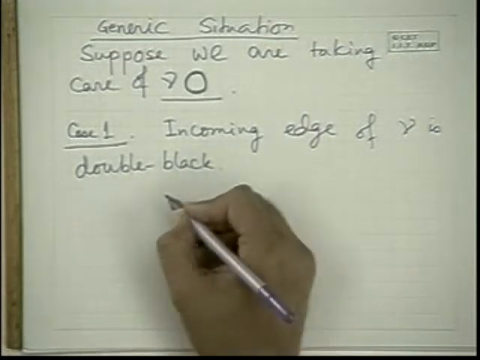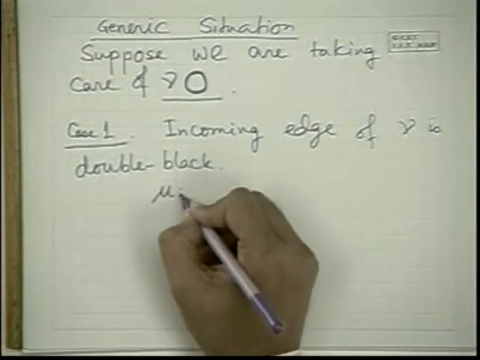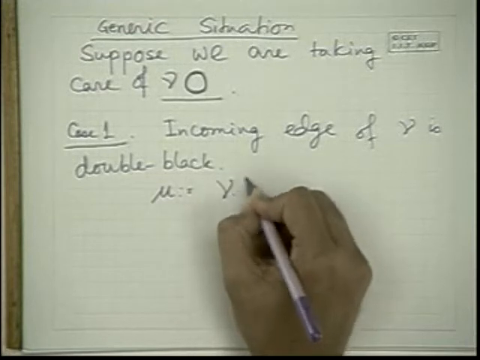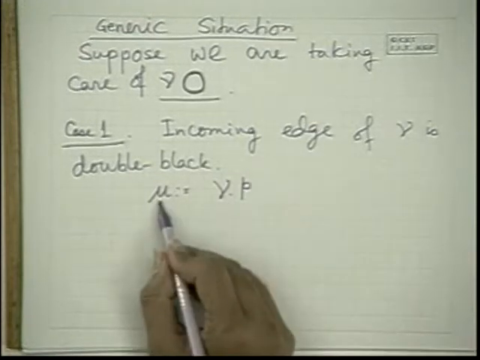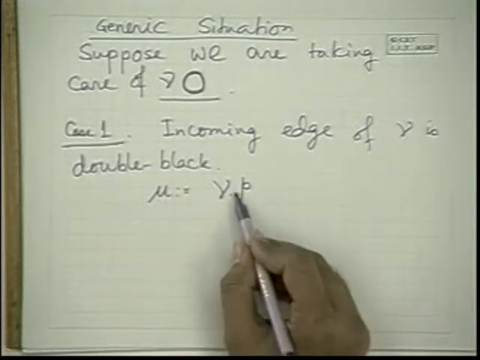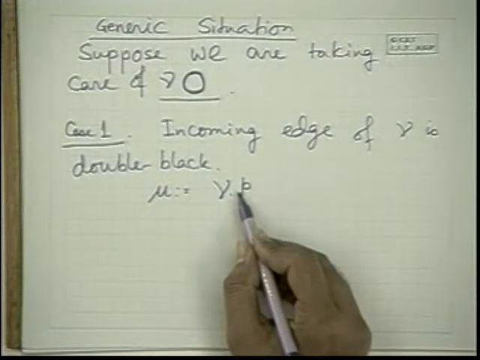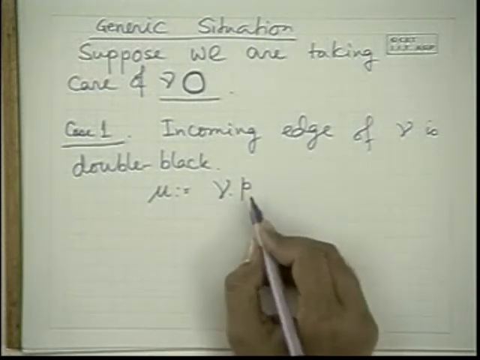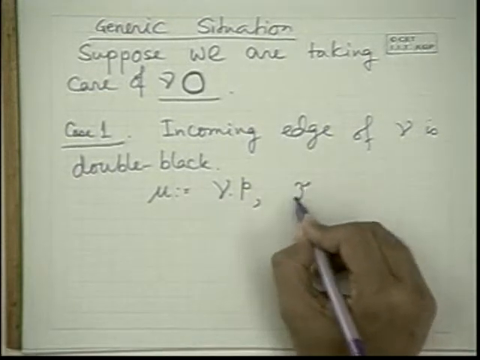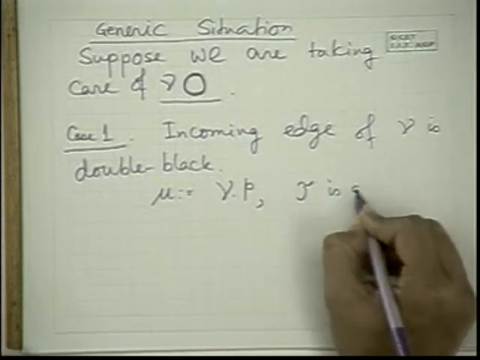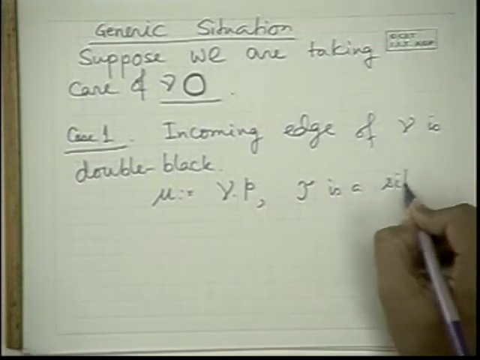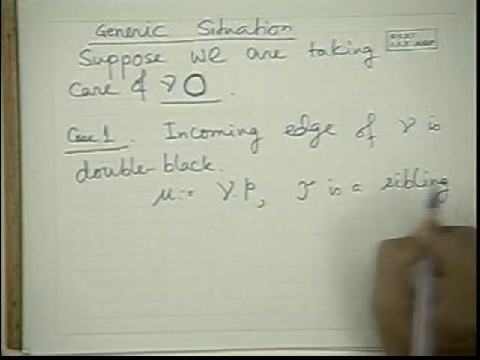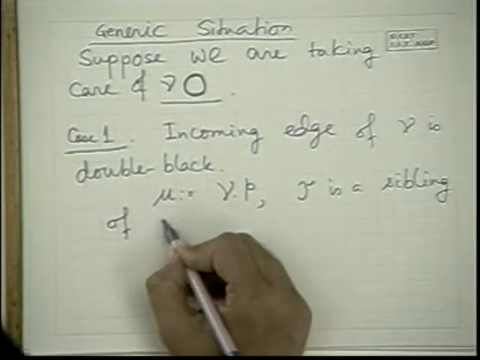Right. So assume mu is equal to nu dot p. Basically this is the parent of nu. That's the convention we use. Dot p is the parent pointer of nu. So this is the parent of nu, and tau is a sibling of nu.